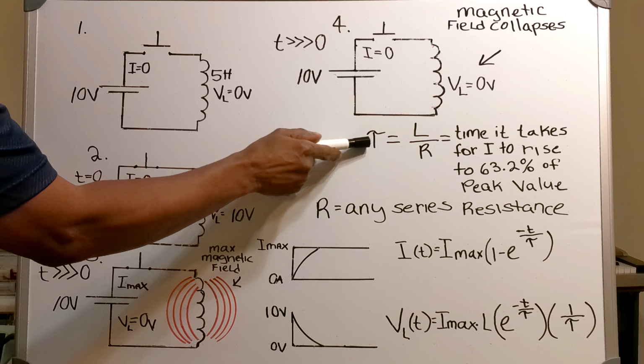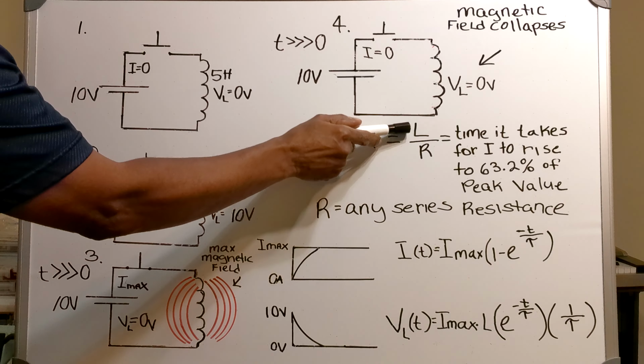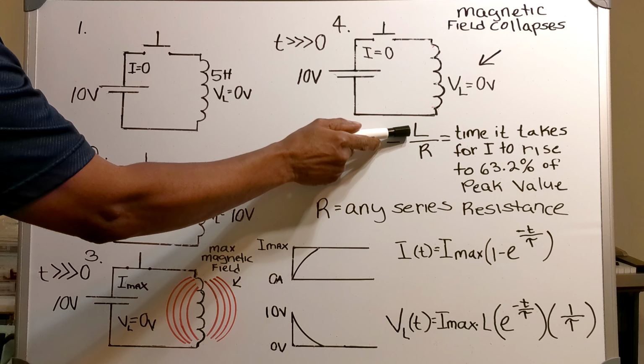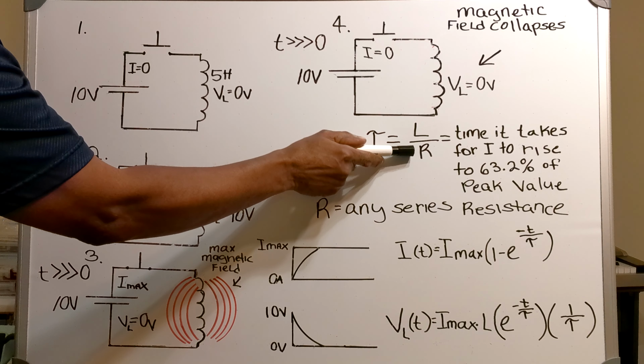And tau equals L over R, the inductance divided by the resistance.